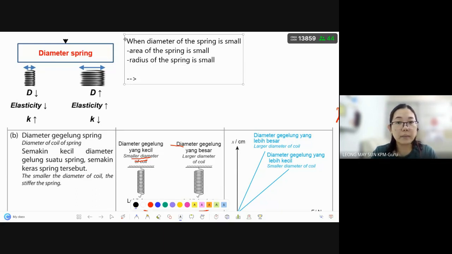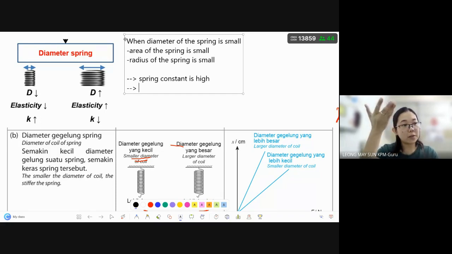So when the diameter of the spring is small, the spring constant is actually higher. All right, when the spring constant is higher, from the formula of force over extension, Ian, I'll answer that in a short while. When the spring constant is higher, force over the extension means the higher force is needed.